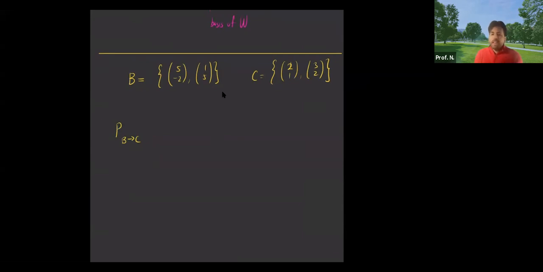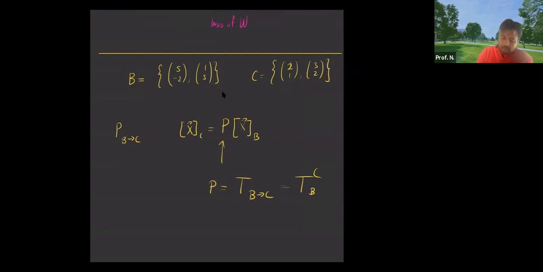They're going to say, find the matrix such that the coordinate relative to C is equal to this matrix multiplied by the coordinate relative to B. The only thing that makes sense to fit in there is that P is a transition matrix from B to C. That's the only P that matters.